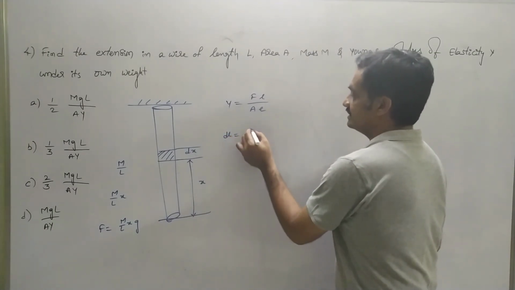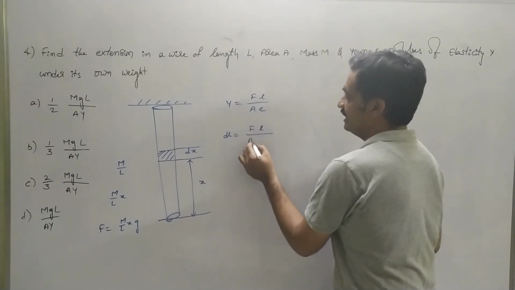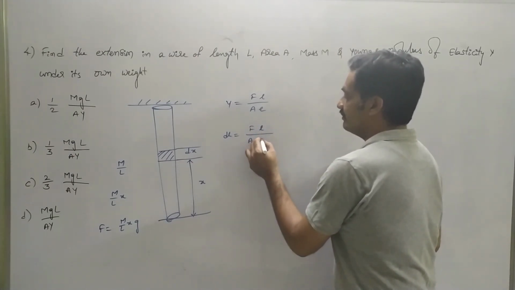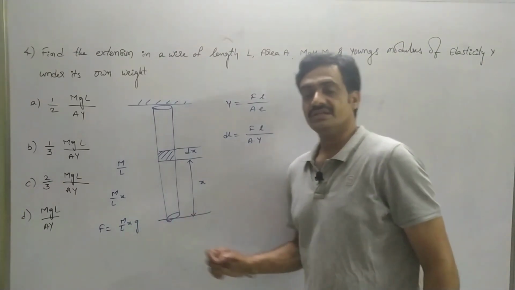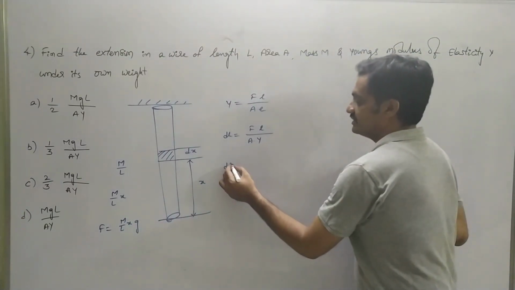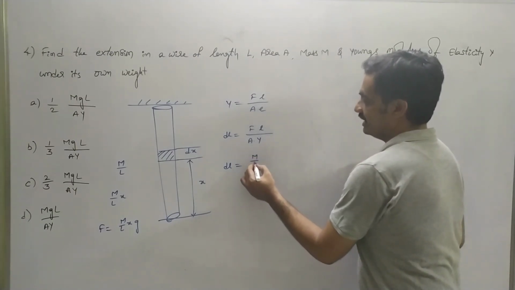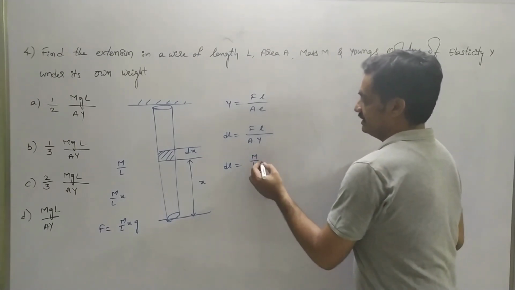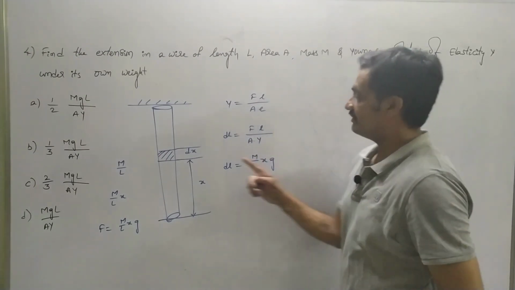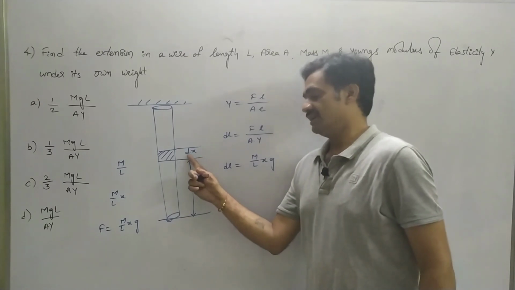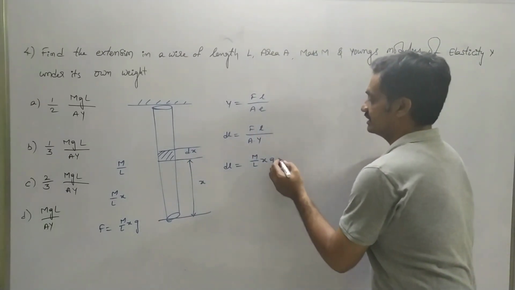Then dl is equal to FL/AY, where F equals (M/L)·xg. As you substitute, dl is equal to (M/L)·xg. In the place of L we are going to substitute dx. Why? Because dx is the extension at this point.